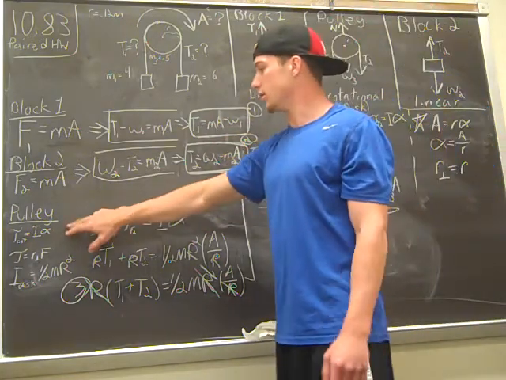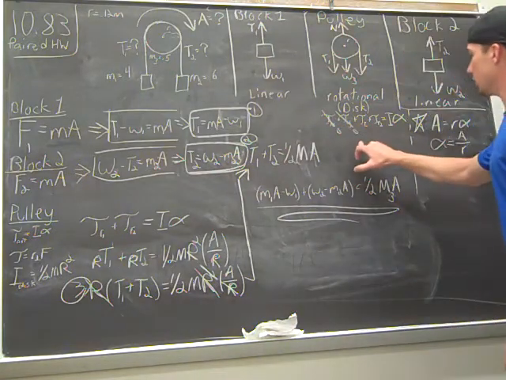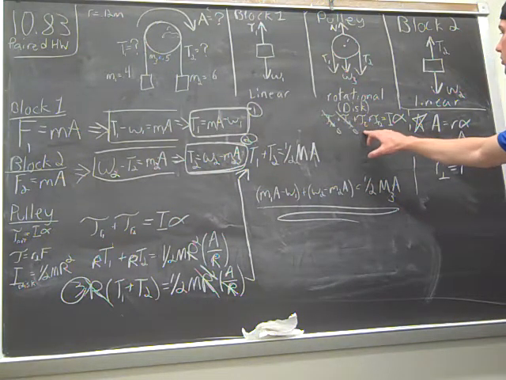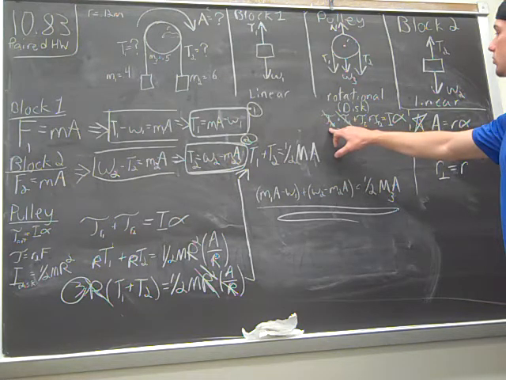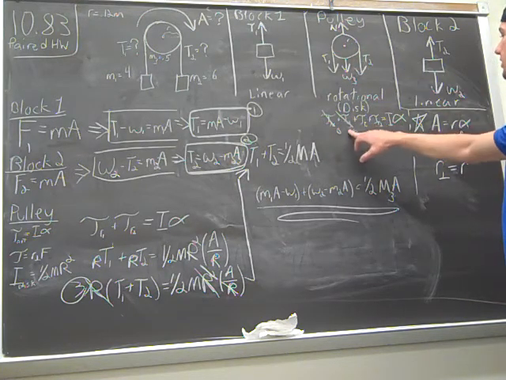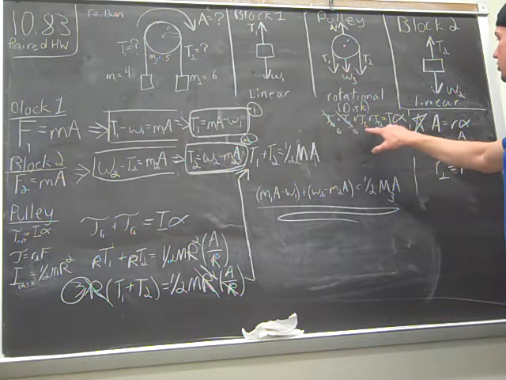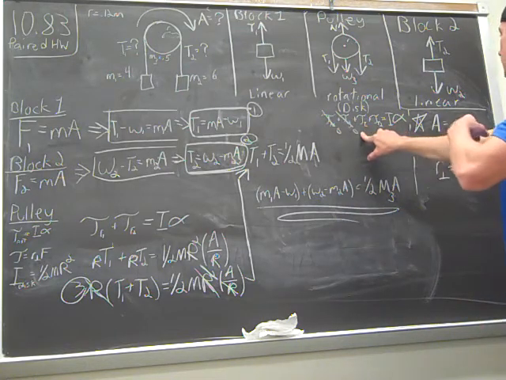And this is the tricky part, dealing with the pulley. We recognized all of our torques, and we found that the torque for the normal force and the torque for the gravity is 0, which leaves us just the torques for the 2 tensions.